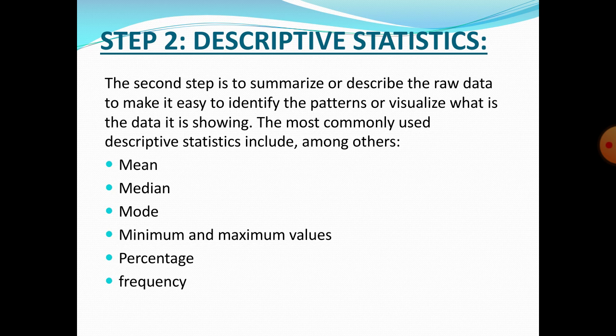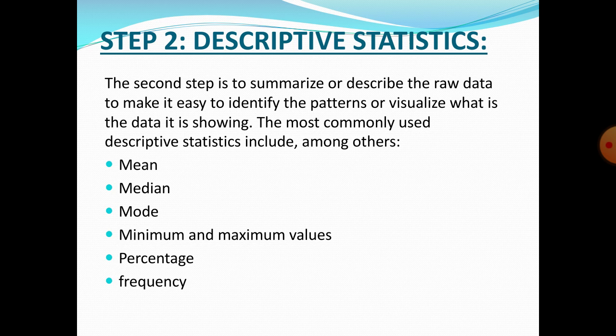Median is the numerical midpoint of the values or scores for a variable at the center of distribution of scores. Then mode, the most common value or score for a specific variable.